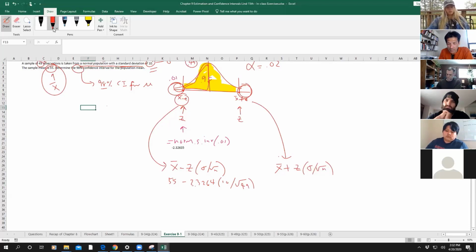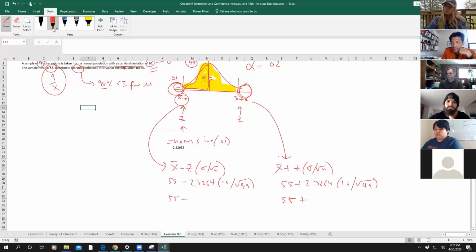And then this would be 55 plus 2.3264 times 10 over the square root of 49. From this point on, I'm just going to use Excel to do the computation for me, computing the margin of error.